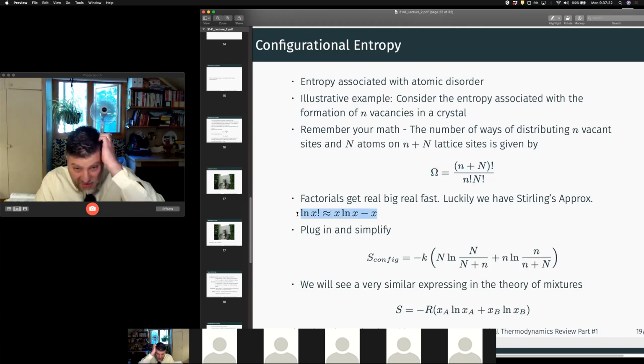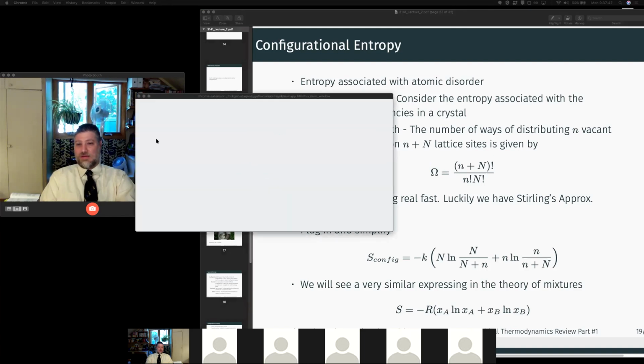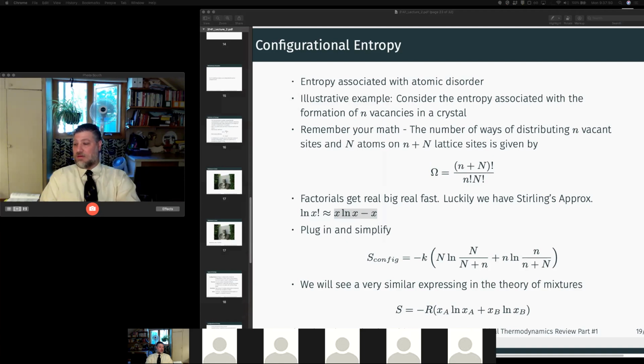Okay, so what's the deal with this? Does anyone know why this works? Because of the definition of the factorial. When you take the natural log of that, it basically creates a form where the equation is comparable.